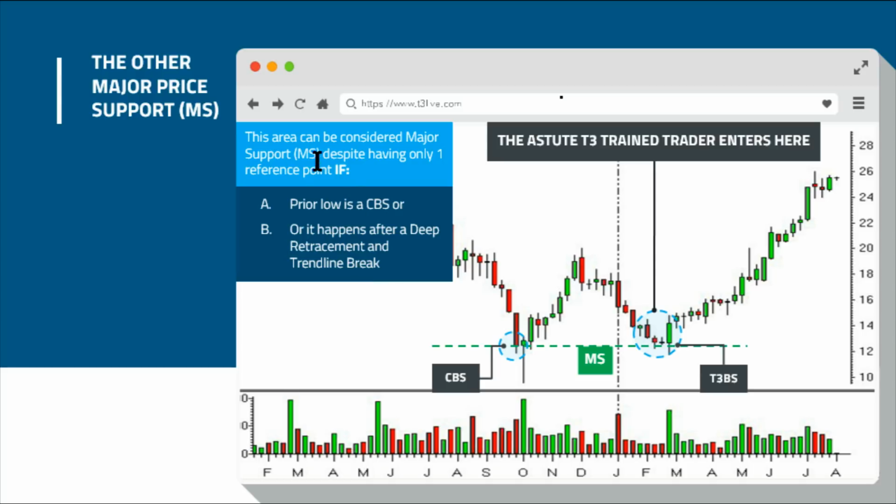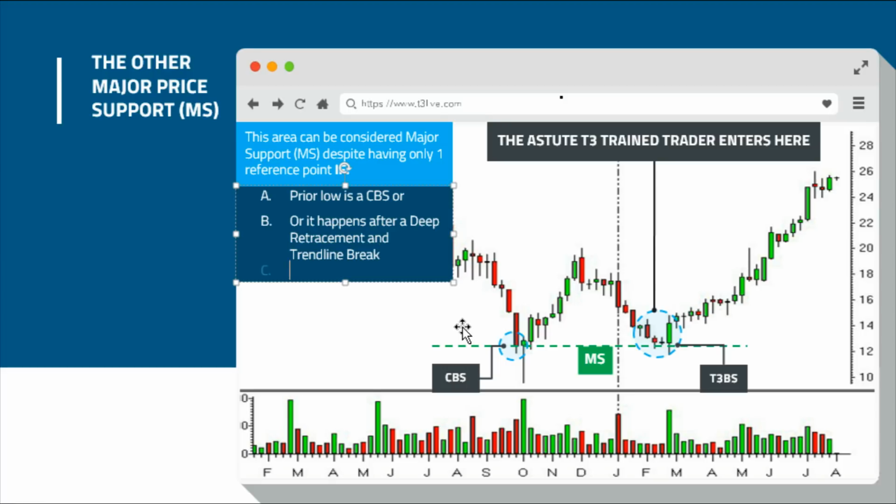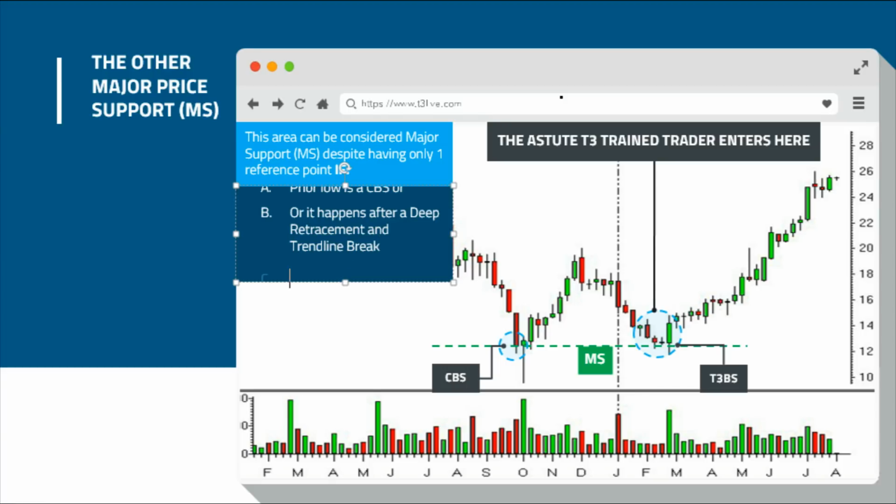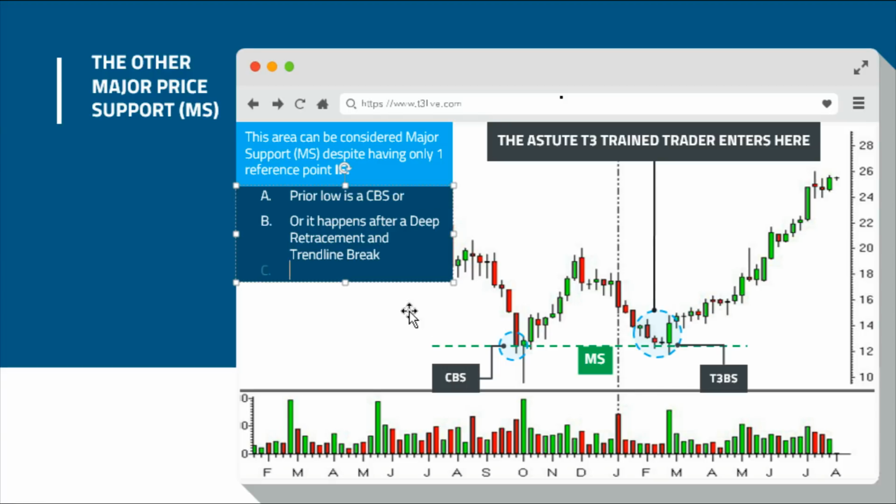I said 2 reference points are necessary, but there are exceptions. This area can be considered major support despite having only one prior pivot low, because the prior pivot low was an area where the stock rallied really hard. So there are 4, you can add A, B, C, and then D. We'll add them in a minute here.